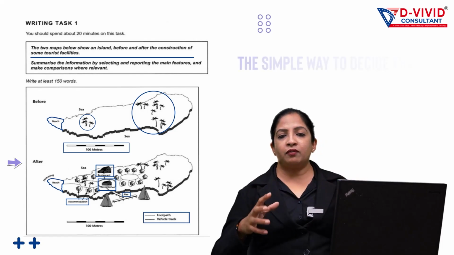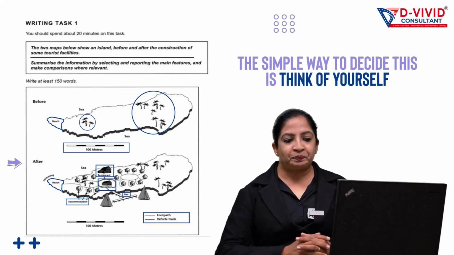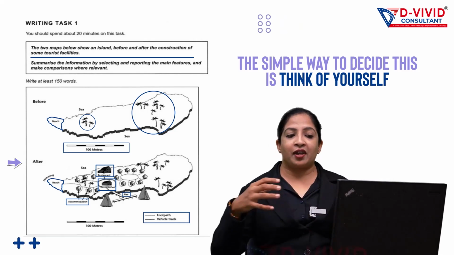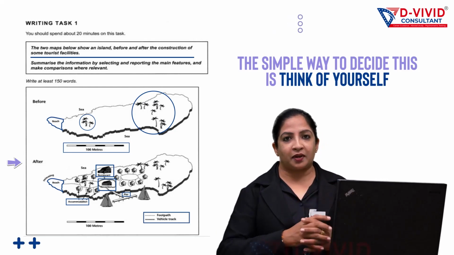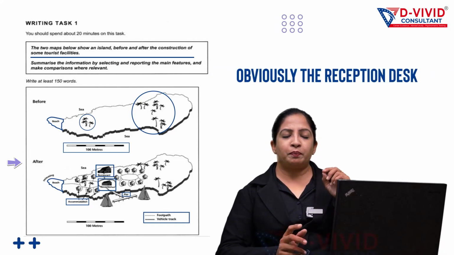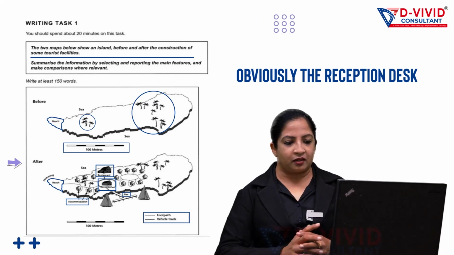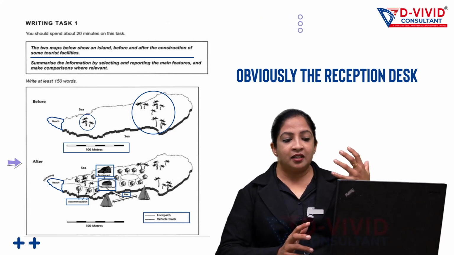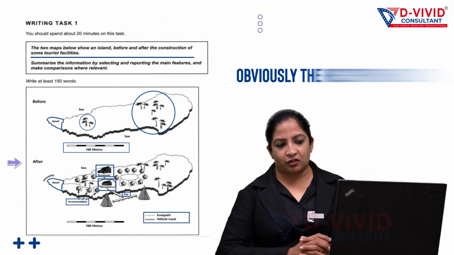Guys, the simple way to decide this is, think of yourself. Where will you first land when you visit such a place? Obviously the reception desk. So definitely you will pinpoint the reception area. Where is it located? It is exactly in the center of the construction.